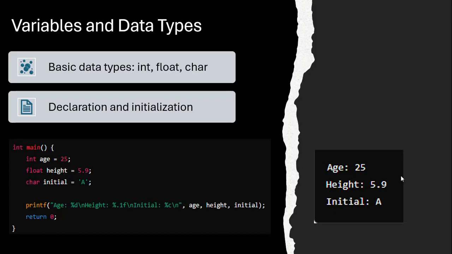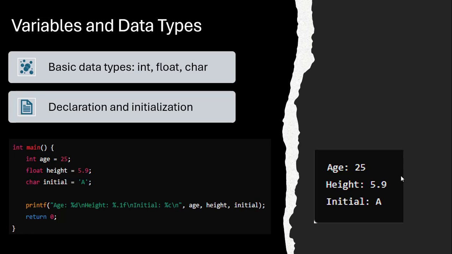Next we'll go towards variables and data types. We have basic data types as well as secondary data types. Basic data types are int, float and char, and secondary ones are like string and array. We'll also learn about them in further slides. In int main, we are declaring variables here.